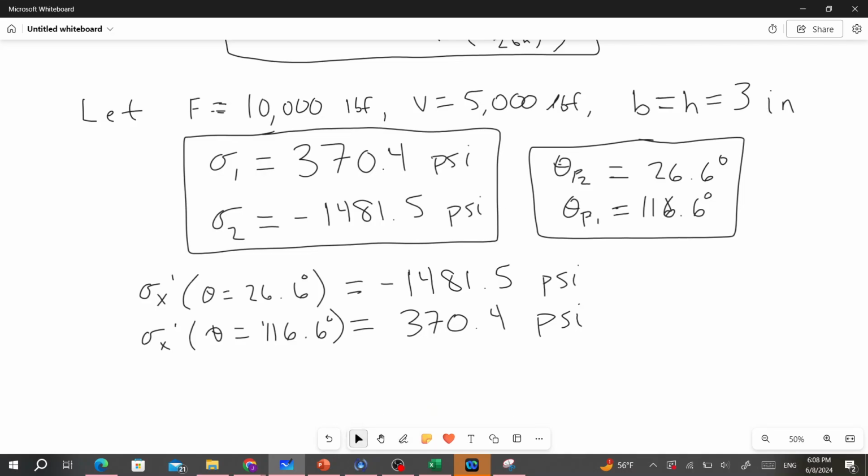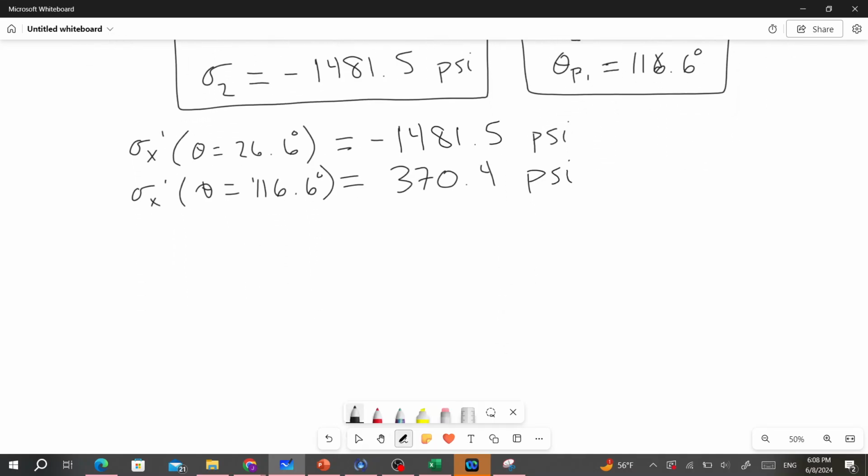And finally, just to fully illustrate, so we have a good picture in our head of what's going on, let's draw a stress element that contains, so it's a rotated stress element showing these maximum and minimum principal stresses. Okay, so we know that our element's going to be rotated for the minimum principal stress. If this is our element in the xy coordinate system, we know we're going to be rotating it.